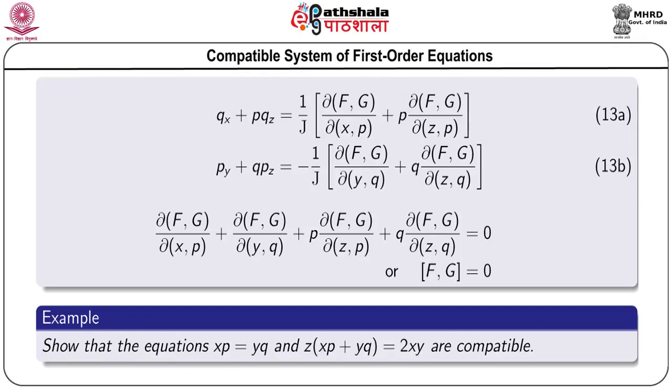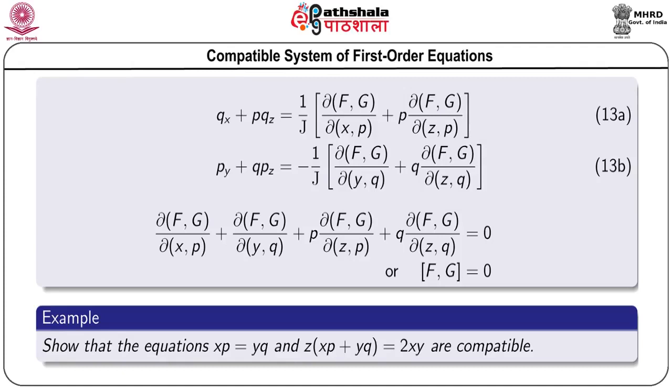So, if the functions F and G satisfy this relation, we can say that these two systems are compatible. That means the solution of the function F satisfies the equation G, and the solution of equation G will satisfy the function F equals 0.